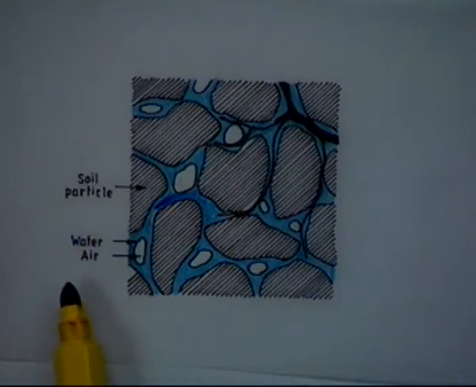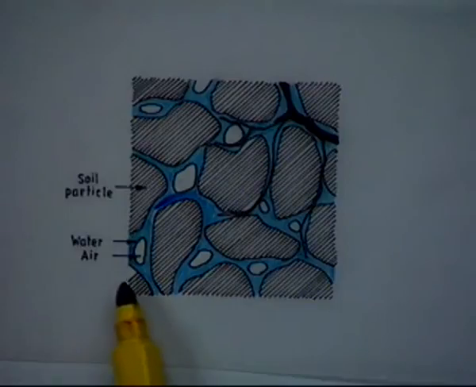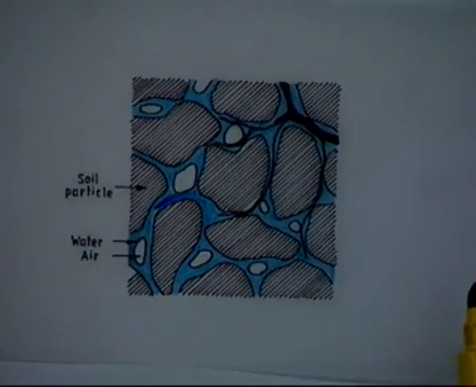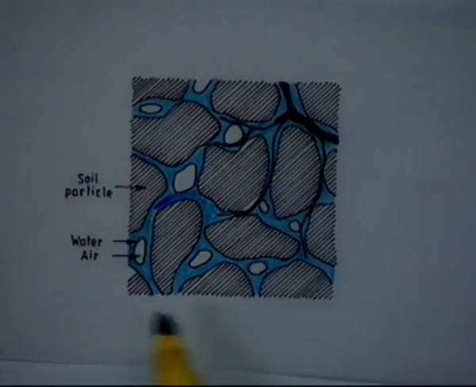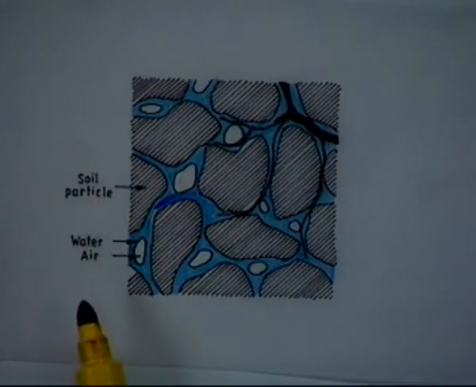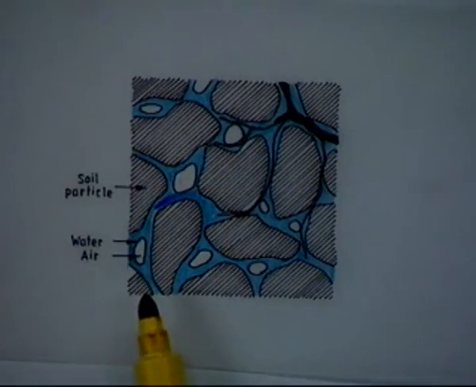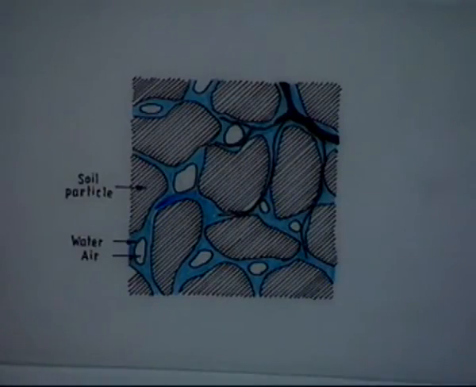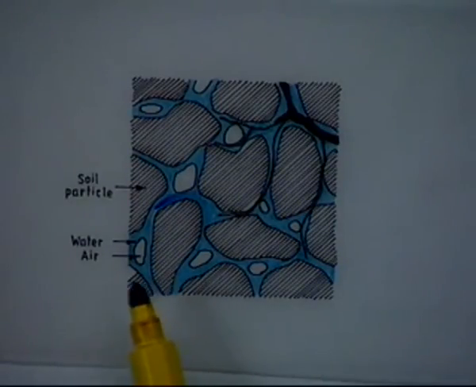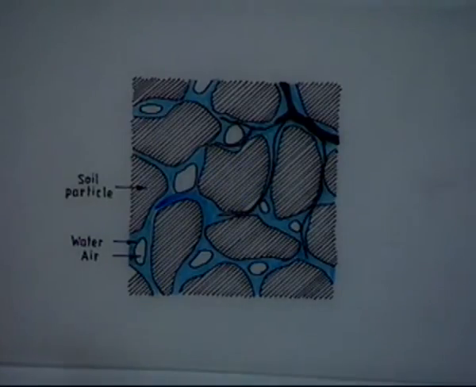If the percentage of water goes up, it will be at the cost of the air. The air can be replaced by water, and if the water is used by the root system, then there can be more air in the same pore space. So if one decreases, the other increases, and the level of pore spaces remains the same.